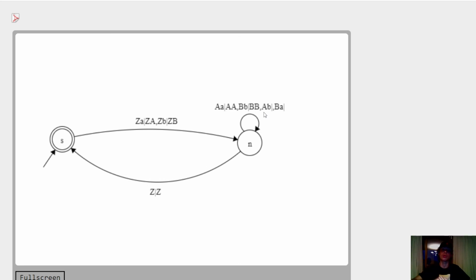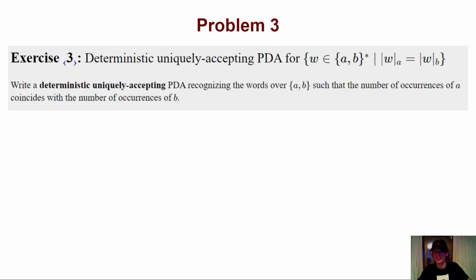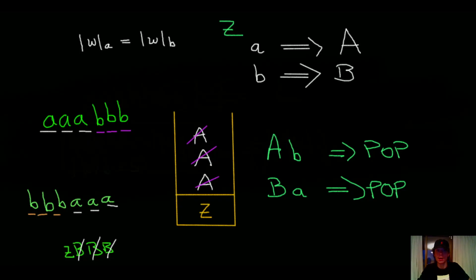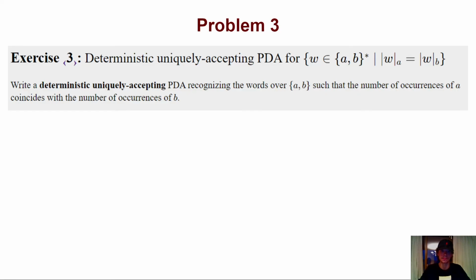Since we have read all the elements on the input and at the top of the stack we have the Z, we must do this transition and we go to the ending state S. So after reading all the elements from the input, we end up in the state S, which is an accepting state. And since this state is an accepting state, we can conclude that this word is an accepting word. It does belong to the language L.